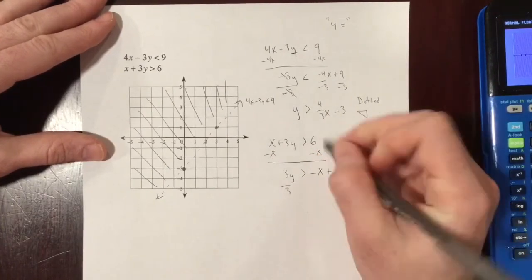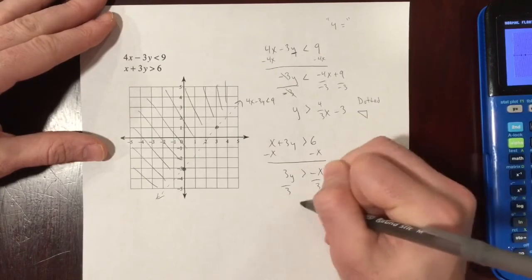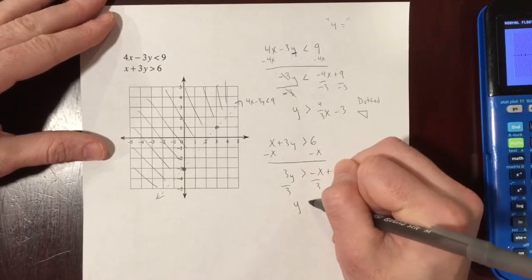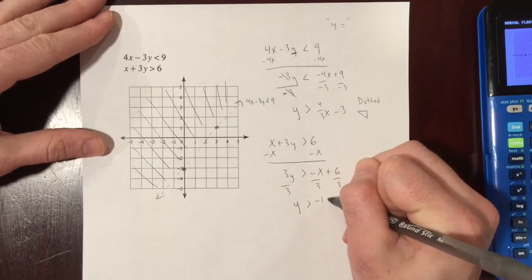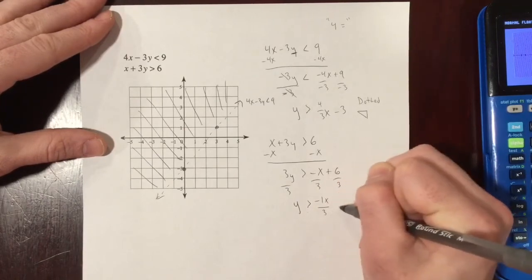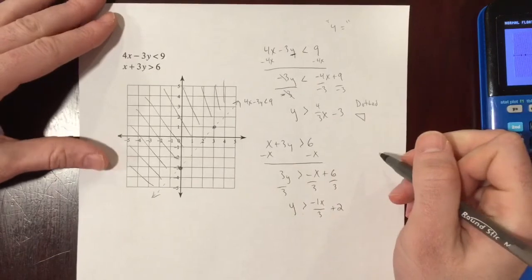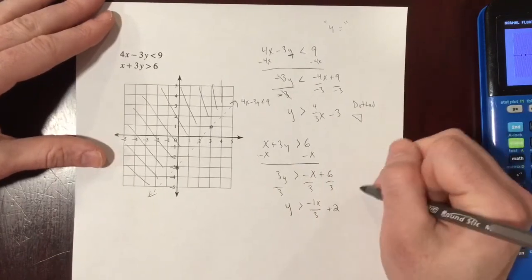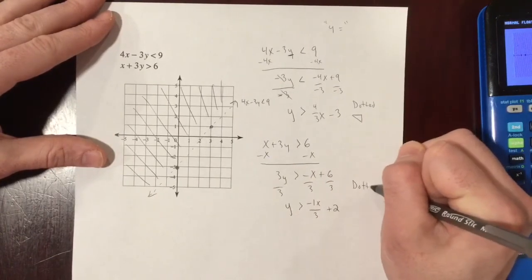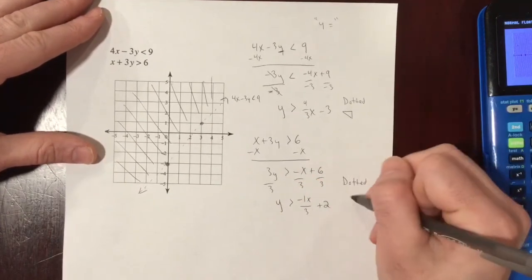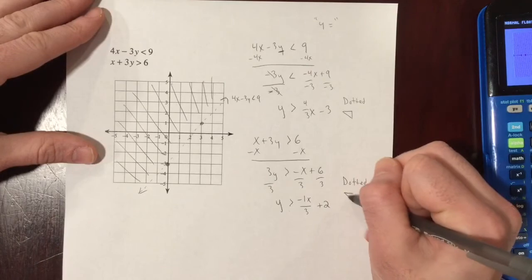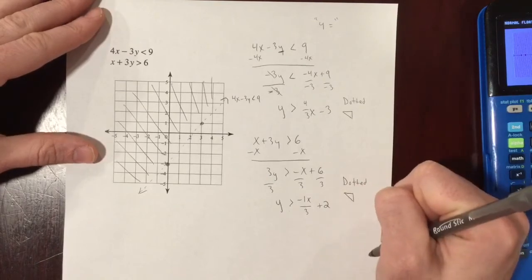I then have to divide by 3. Here I do not flip the inequality sign because I did not divide by a negative. I have negative 1x or negative x over 3 plus 2. Again, this is going to be a dotted line because there's no or equal to underneath my inequality sign. And this is also going to be my triangle facing up for greater than.